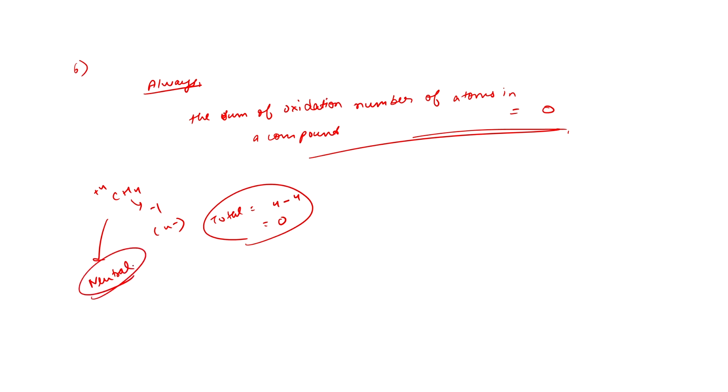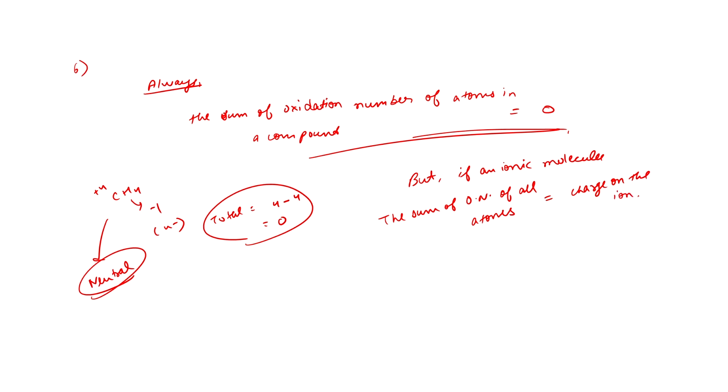because it is a neutral molecule, a neutral compound. Okay. But if it is an ionic compound, or let us say an ionic molecule, the sum of oxidation numbers of all atoms will be equal to the charge on the ion, same as what I have discussed about the ions.